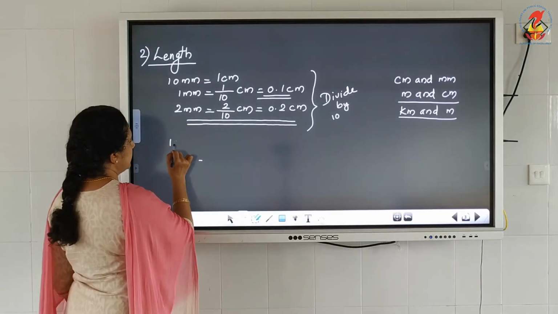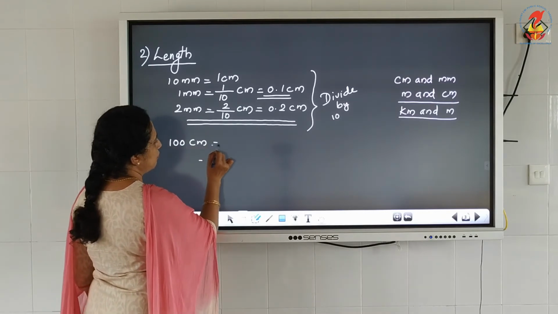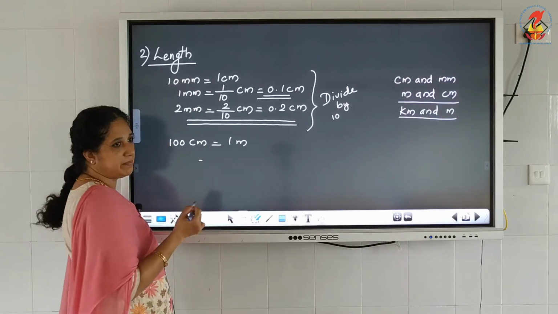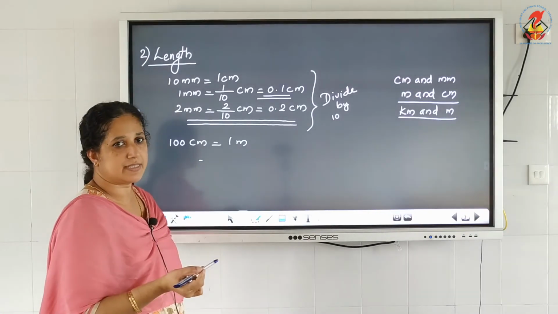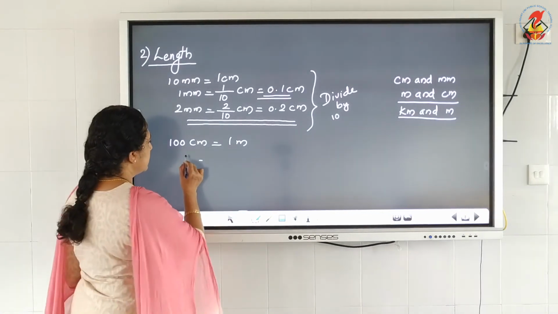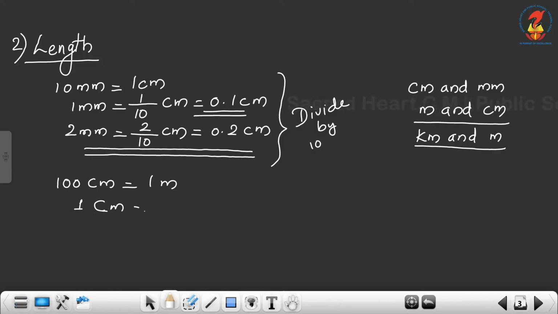Then we know that 100 centimeter is equal to 1 meter. Therefore 1 centimeter is equal to 1 by 100 meter, which is equal to 0.01 meter.